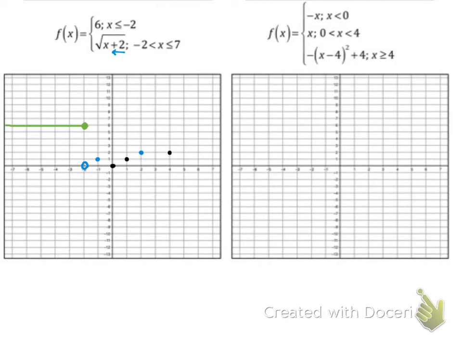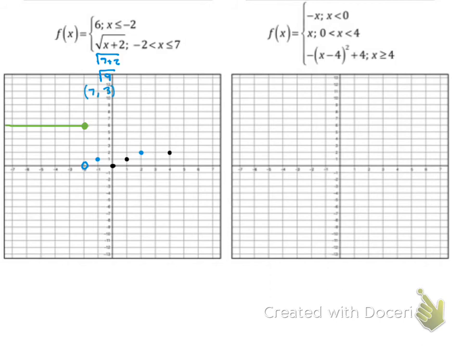And we want it all the way up to 7. But if we look at 7, we don't have a value here. So what we can do, real quick, if we want a value for 7, we can plug 7 in. So this would give me the square root of 7 plus 2, which is the square root of 9, which is 3.